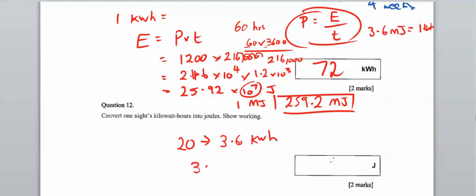So 3.6 times 3.6 by 10 to the 6 joules. If we do that in our calculators, we've got 12.96 megajoules, or 12.96 by 10 to the 6 joules.